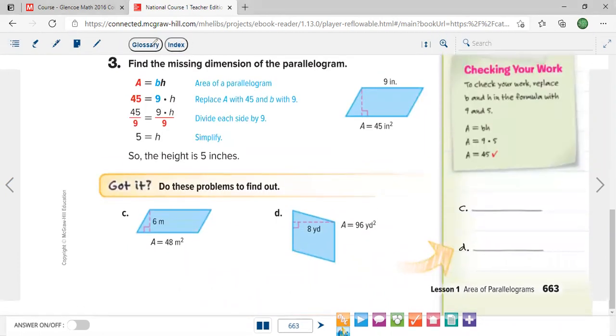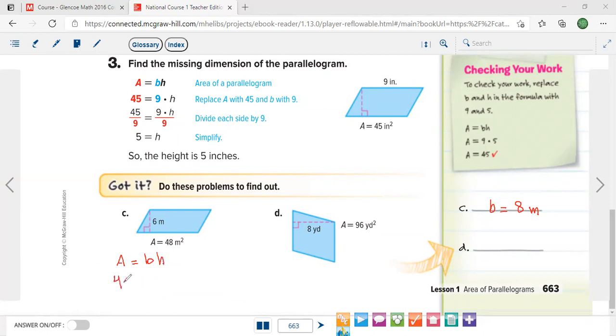Let's solve those. Here, the height is given as 6 and the area is 48 centimeters squared. So we ask ourselves, what number multiplied by 6 will give you 48? Of course, it's 8. So you can say that B equals 8 meters. Or you can form an equation: area equals base times the height.